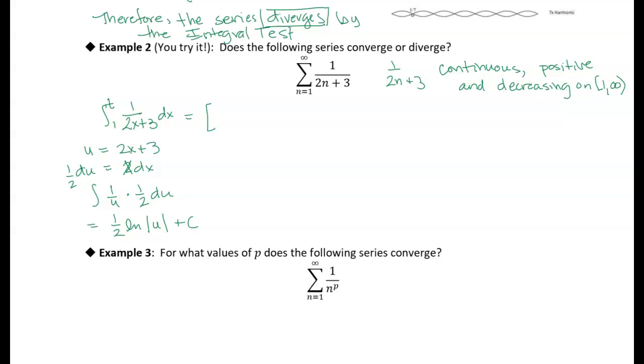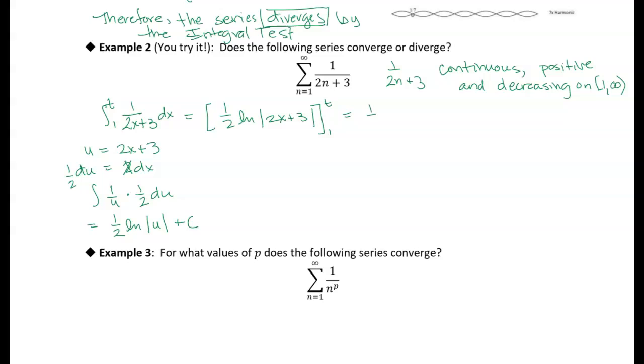So that helps me integrate from 1 to t. If I take that indefinite integral, 1/2 natural log, where u is 2x plus 3, and evaluate that from 1 to t, then I'll get the integral from 1 to t. So what do I get when I do that?